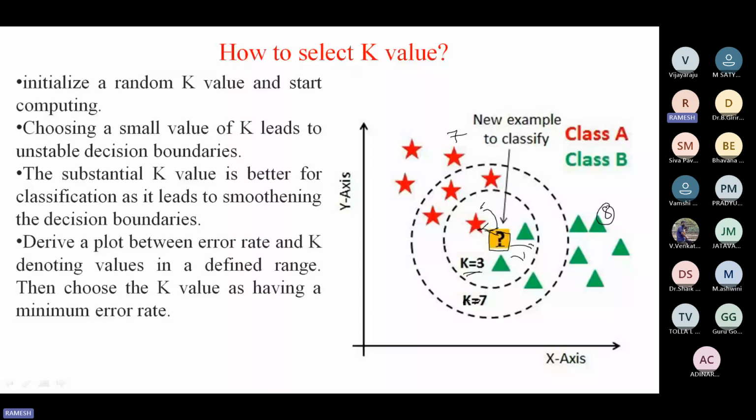For which k value we get highest accuracy or less error, that k value is the best k value for the given data set. We are trying so many k values.